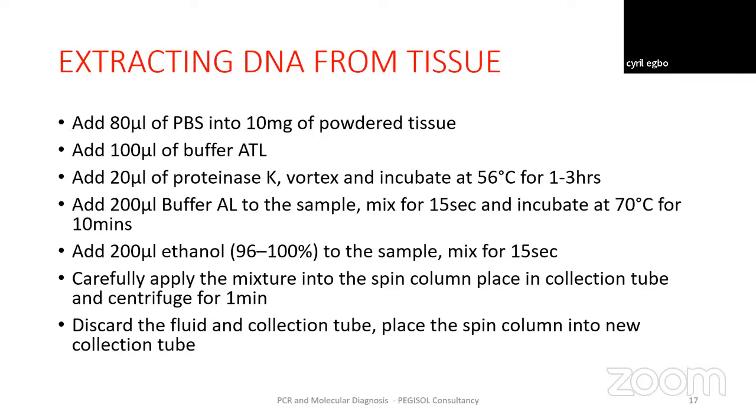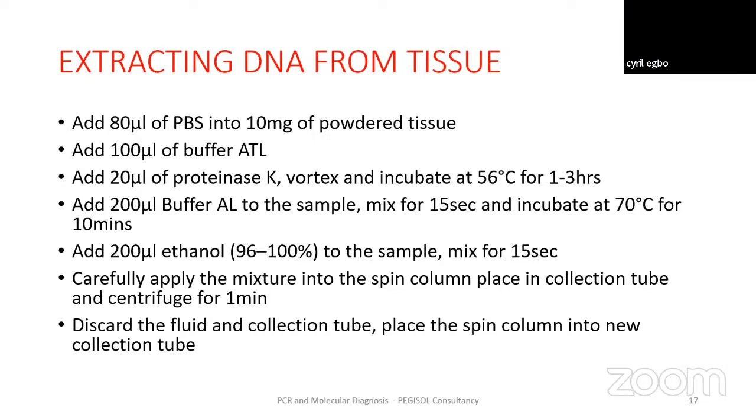The difference between this PBS and that VTM was that they added some antibiotics. So after pounding, you add 80 microliter of your phosphate buffer into like 10 milligram of pounded tissue.